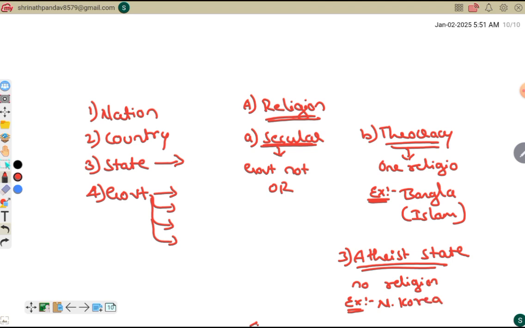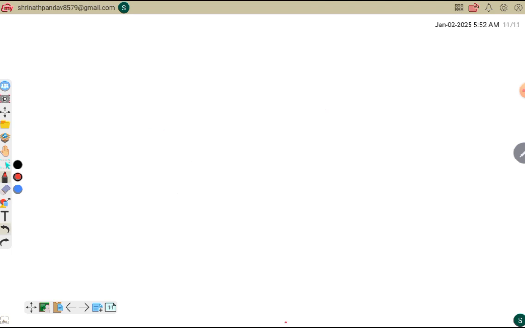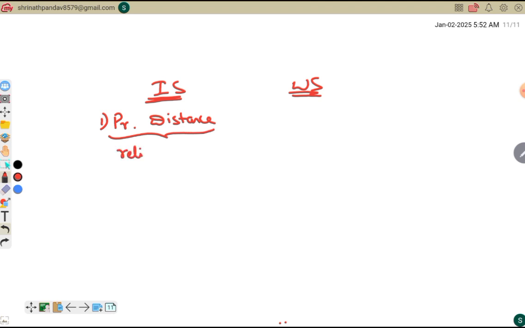Whenever we talk about the secular state, there exist two concepts: Indian secularism and Western secularism. In Indian secularism, there exists a principled distance between religion and government and state.